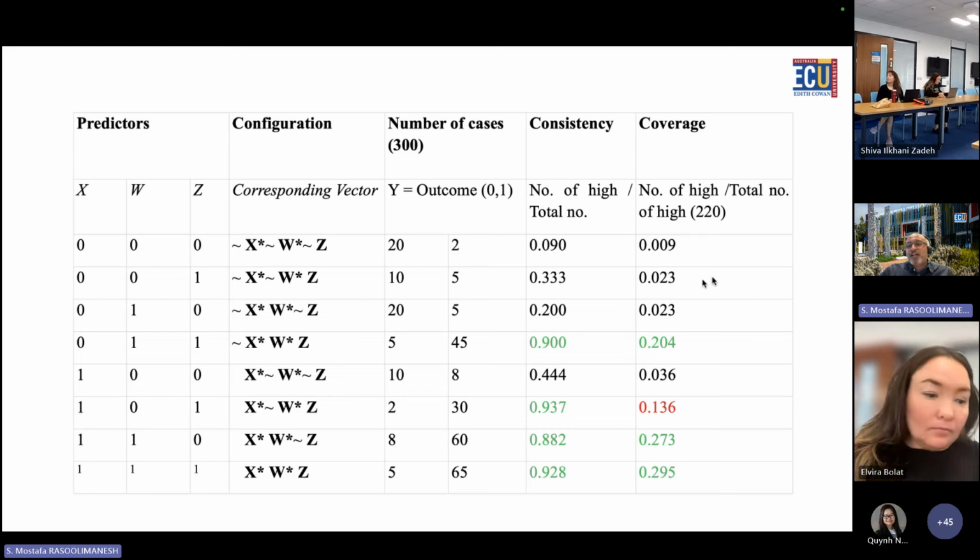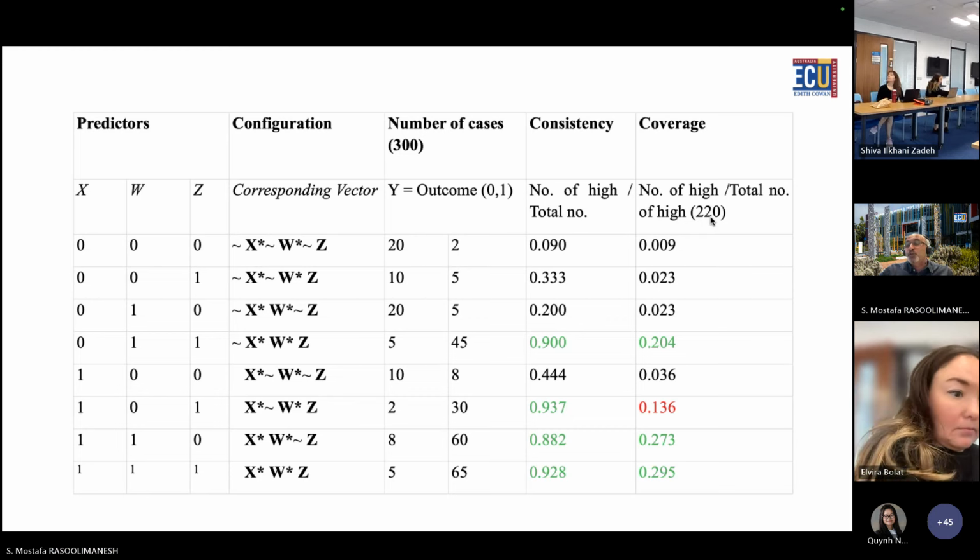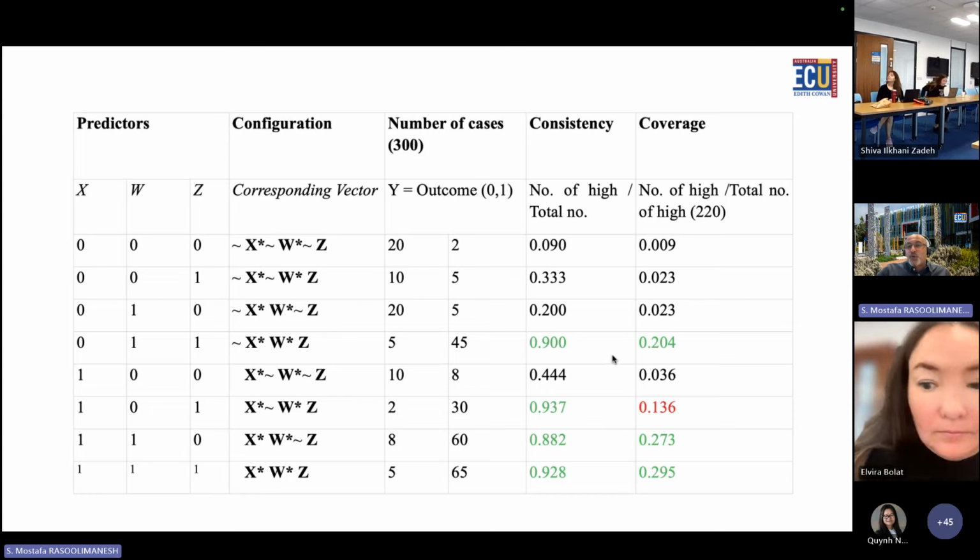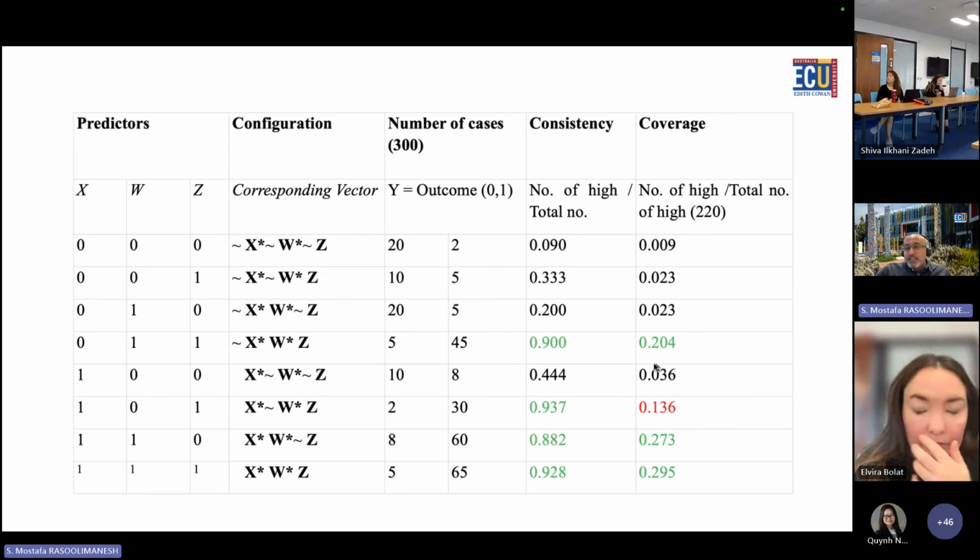So 45 divided by 220 is 0.204. So about 20% of these 220 cases come from this specific configuration, these 45 cases.